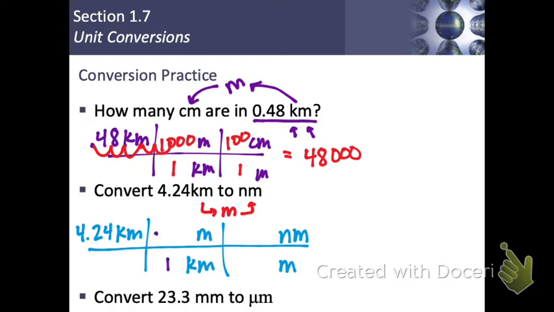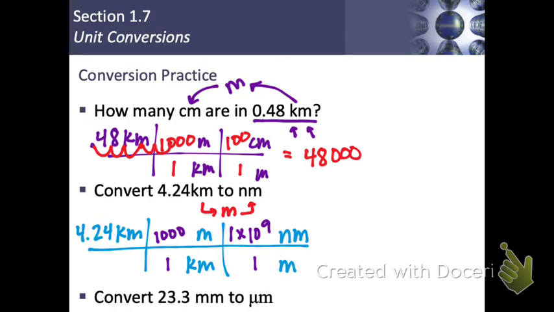A kilometer is 1,000 meters. 1 meter is 1 times 10 to the 9th nanometers. Do we see that on our chart? So that would follow, you have 9 zeros following that 1. So it would be like a billion.